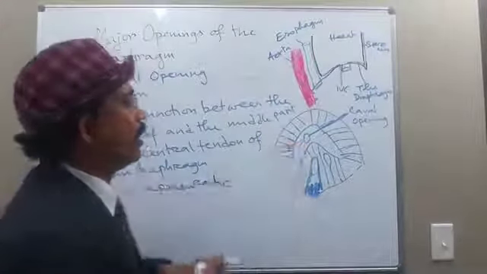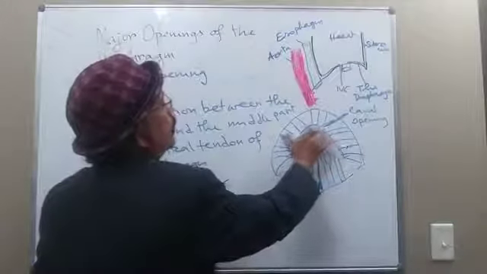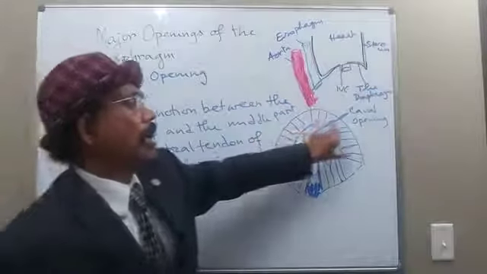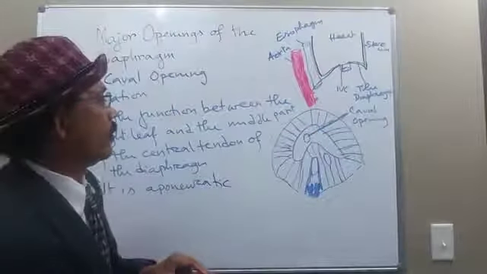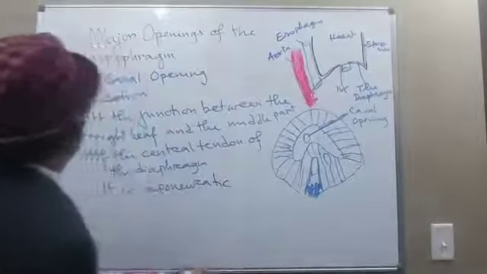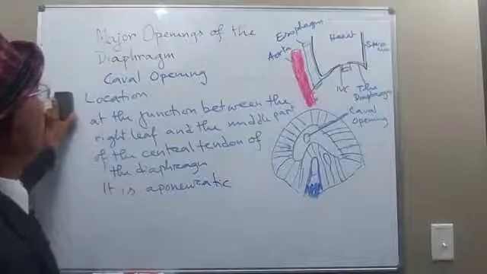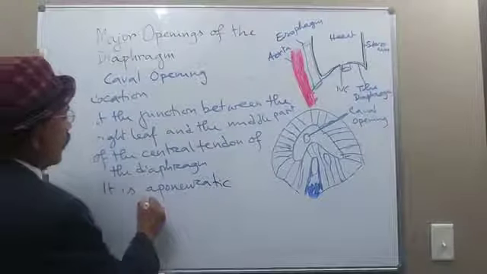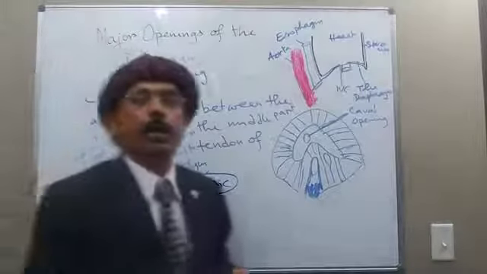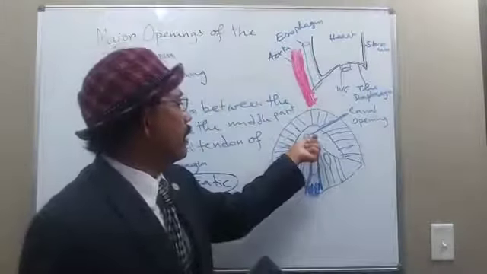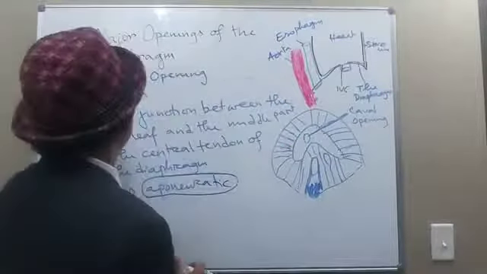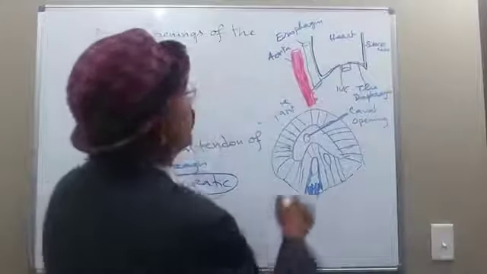It is in the central tendon of the diaphragm. This is the right dome of the diaphragm, left dome of the diaphragm. Okay, we got the location and type of the vena caval opening.